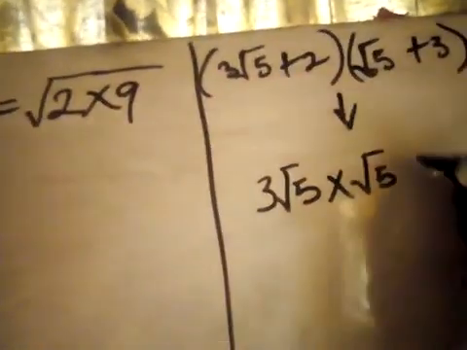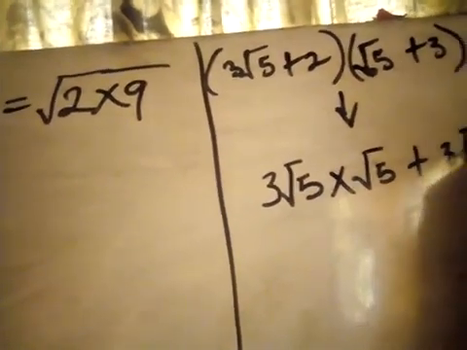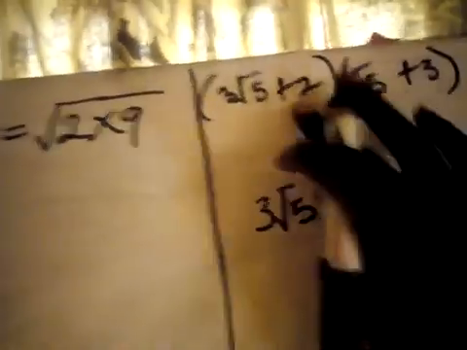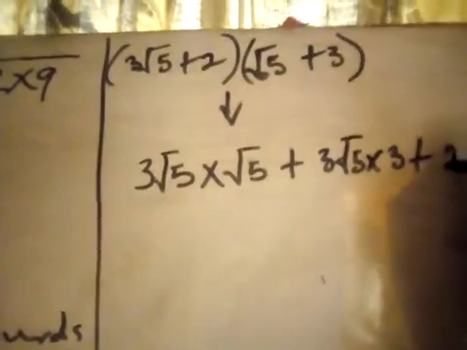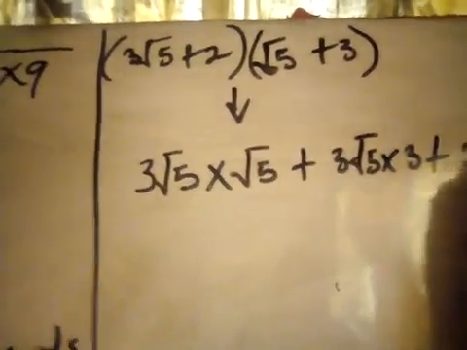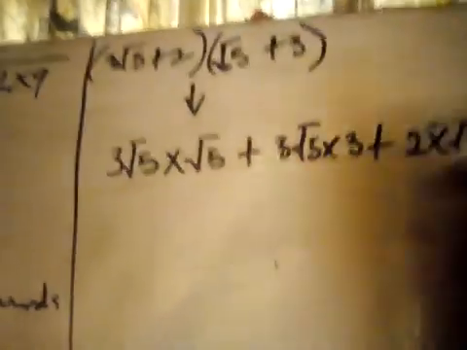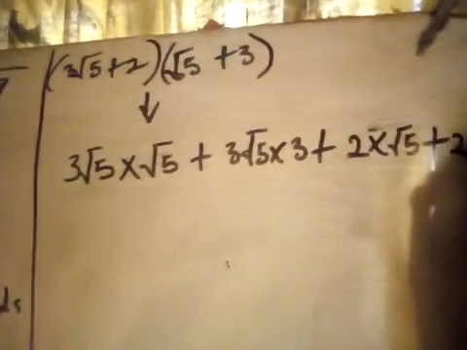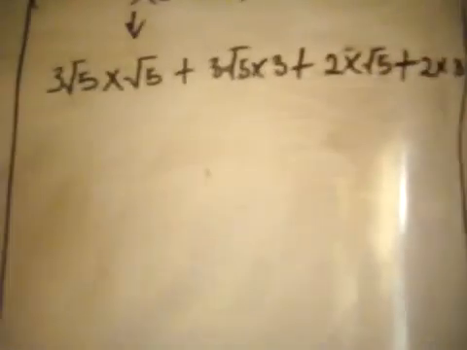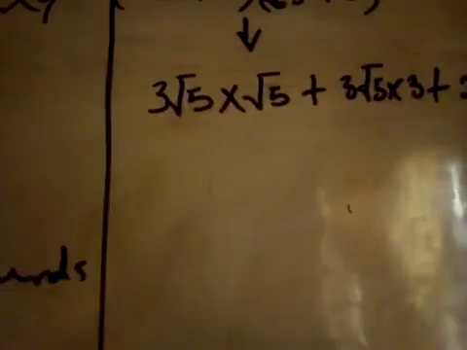This by this again, plus 3 root 5 times 3. Then this times this will be 2 times root 5. Understand? Then this times this, that will be 2 times 3. So from there, what do we do?